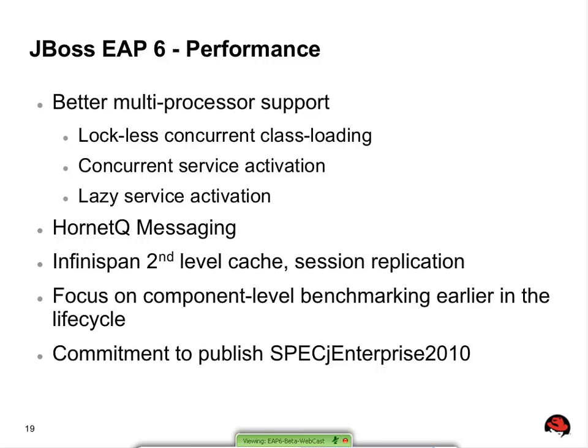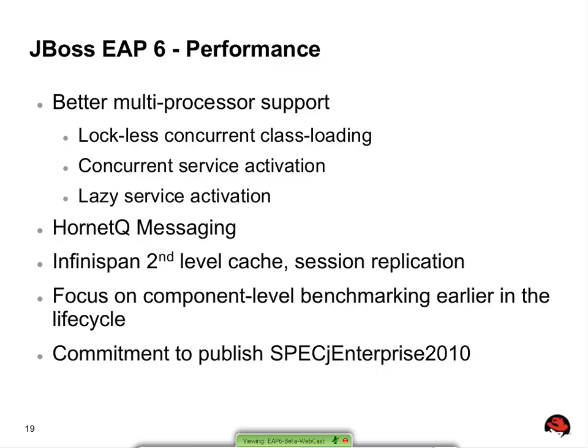EAP 6 is absolutely based on this and next decade's technology. We kind of assume you'll be deploying on massively parallel processors. Most of our laptops and cell phones and tablets have multi-CPUs, and it's pretty standard now to have a 4 or 8 core server machine.